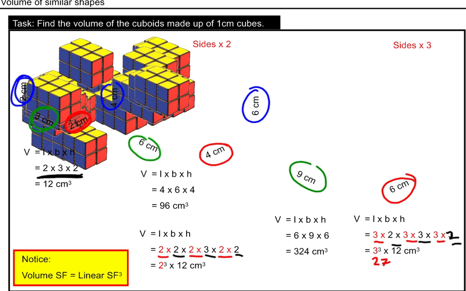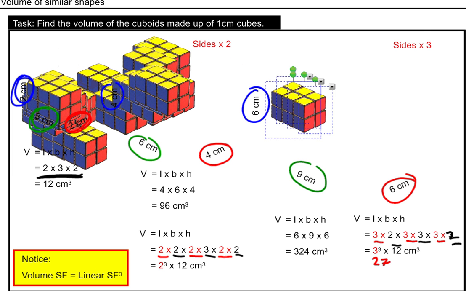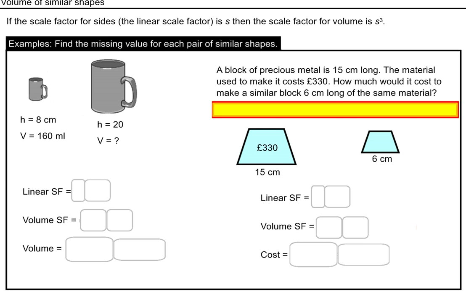So I've got 27 lots of this original cuboid here. So if we know the linear scale factor, if we say that's S, the volume scale factor is S cubed.